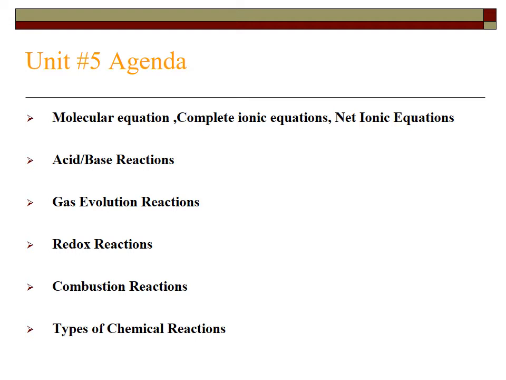In Unit 5 we're going to introduce more types of reactions: acid-base reactions, gas evolution reactions, redox reactions, and combustion reactions, and then we're going to classify them and put them into certain types of chemical reactions. There are certain types that these particular reactions follow. That's our agenda for unit number 5.